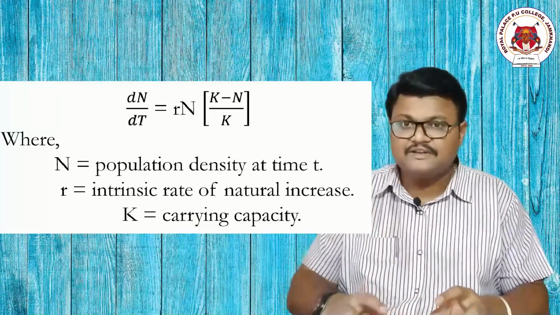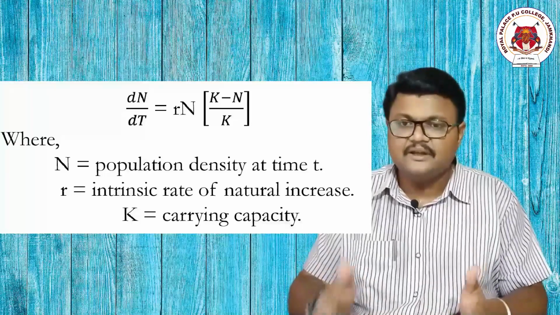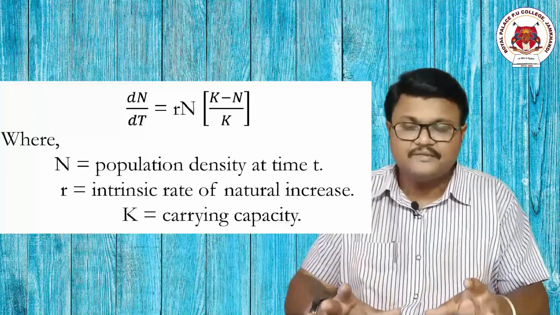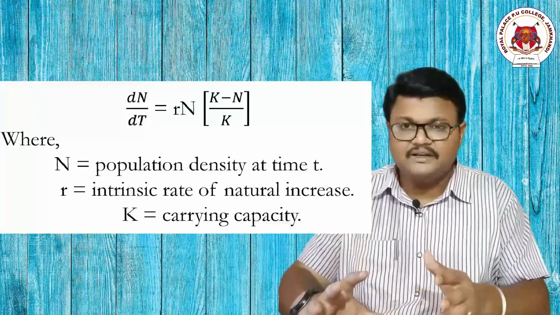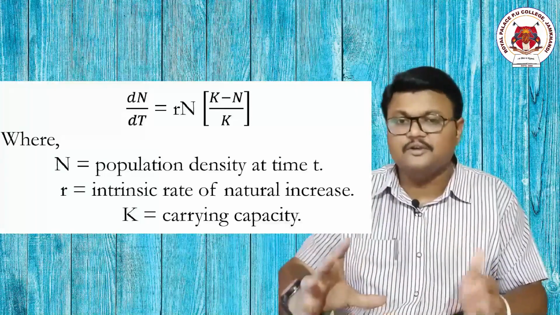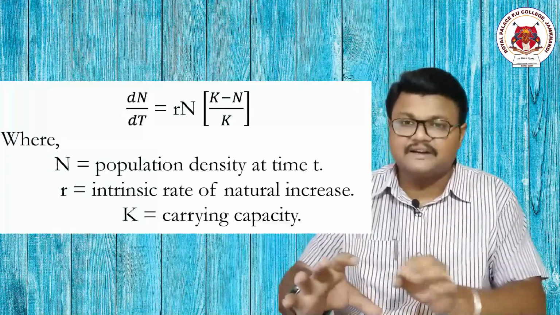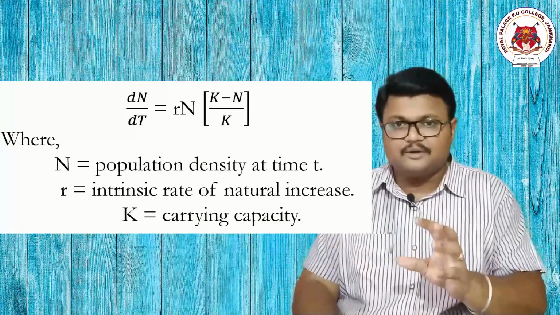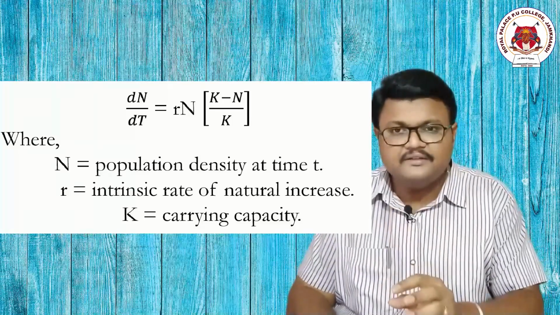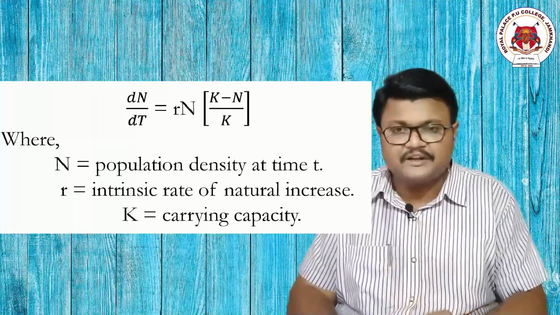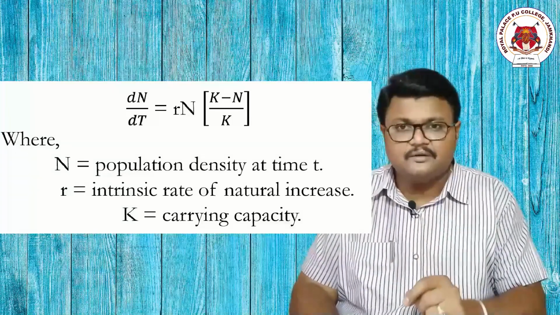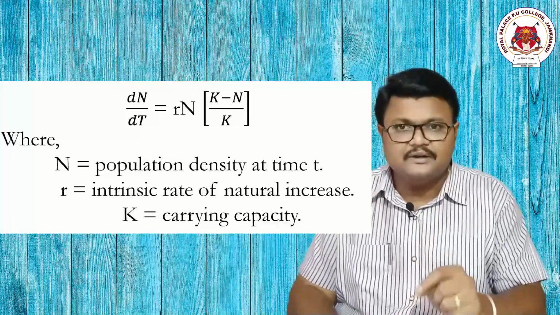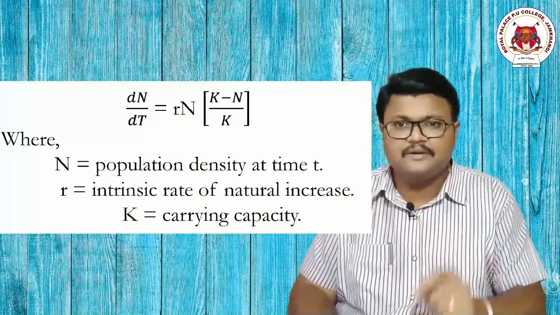Okay, so this can be easily represented as K - N, that is the carrying capacity minus the total number of organisms utilizing those resources, divided by the total carrying capacity. Now try to understand, this is a very easy equation. I repeat it again, dN/dt = rN (K - N)/K.